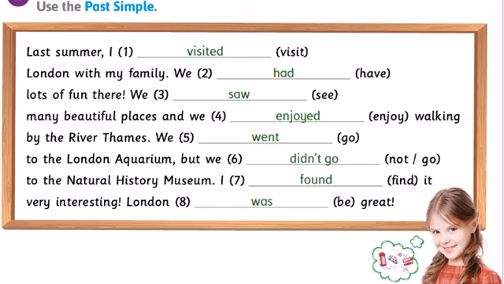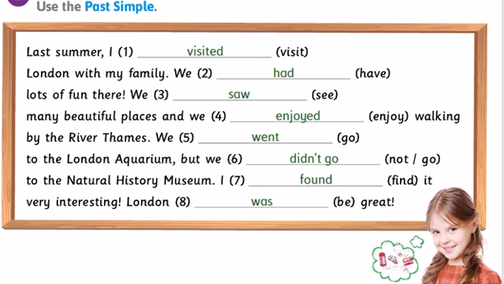Visited London with my family. We had lots of fun there. We saw, because we use the past simple of the verb see, saw. We saw many beautiful places and we enjoyed walking by the river Thames.